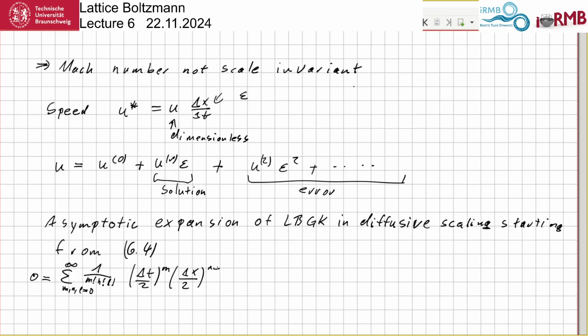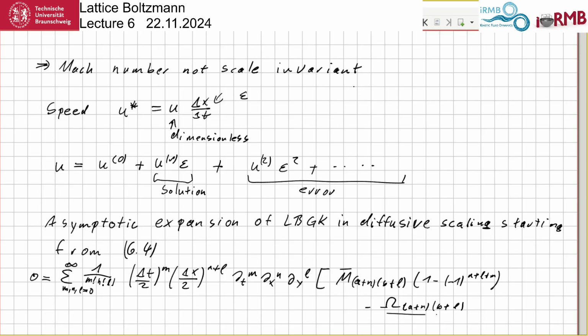This is n plus L, dt^m dx^n dy^L, and now we have the moments m, a plus n, b plus L, comes here times 1 minus minus 1 to the power of n plus L plus m, and minus omega, a plus n, b plus L, divided by 2, together with 1 plus minus 1 to the power of n plus L plus m. Okay, so this is the equation.